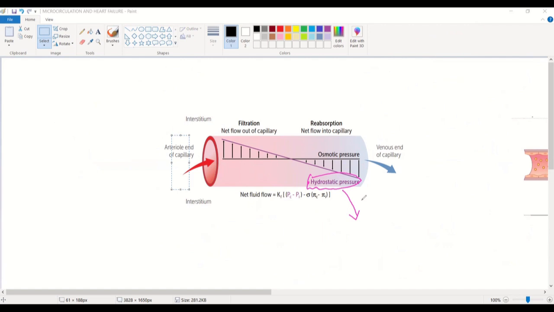Heart failure. That is very high yield. Heart failure increases this hydrostatic pressure. If it is increased, what will happen? Fluid moves out from the capillaries and there is increased fluid in the interstitium, and this is called edema, right?